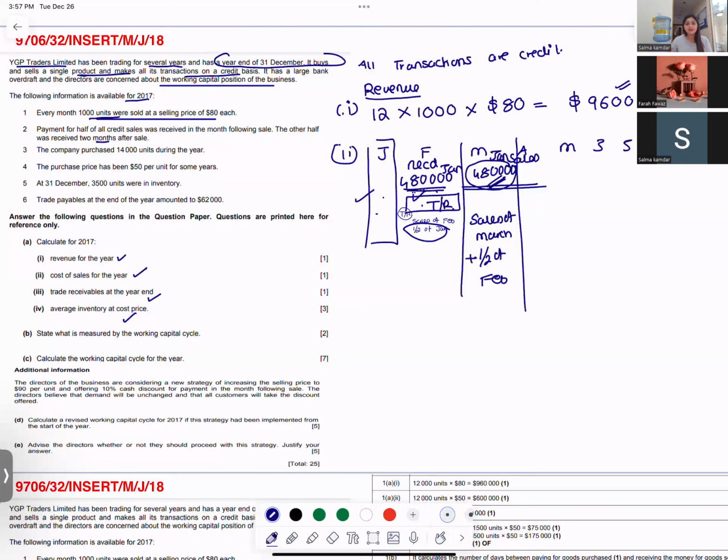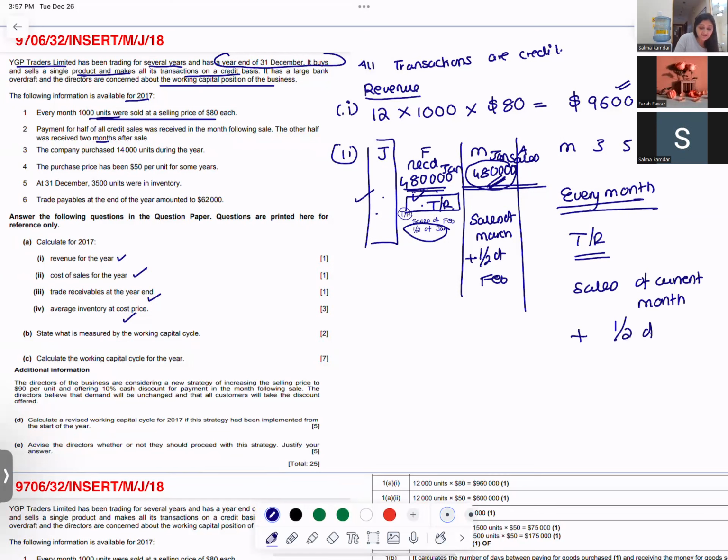So every month my trade receivables would be the sales of that month and half of the previous month. Okay. Fine. So every month I would say my trade receivables would be sales of the current month plus what? Plus half of previous month.